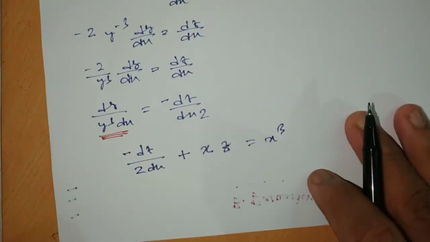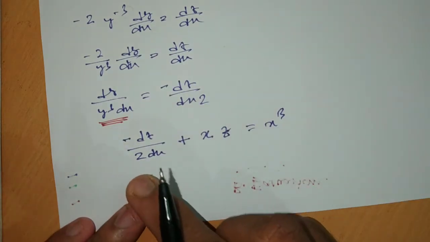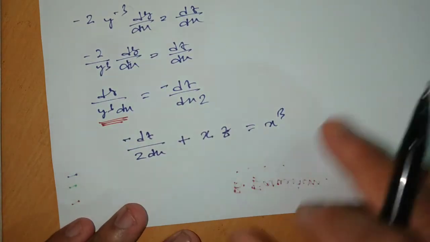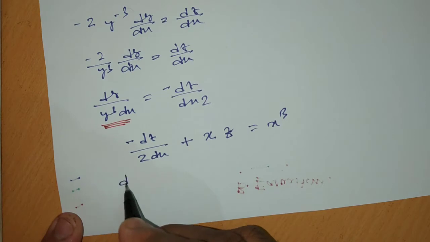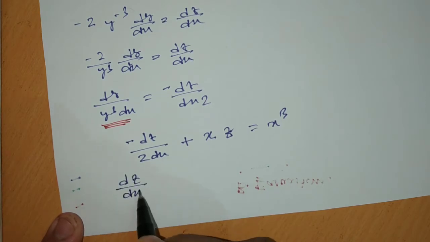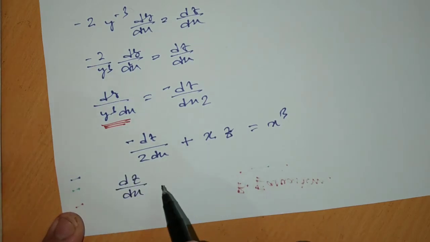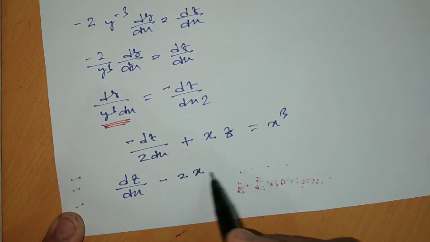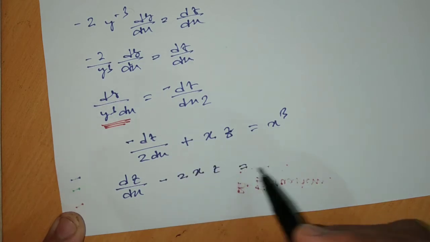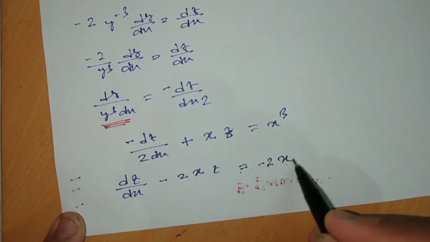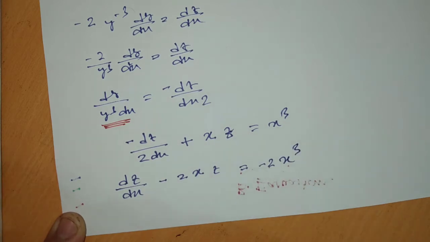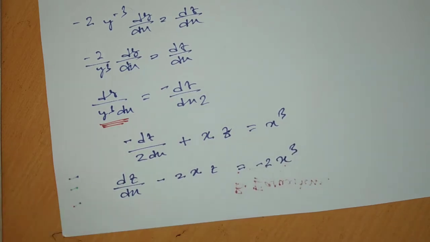Now if you multiply by minus 2 on both the sides, we get dz upon dx minus 2x z equals minus 2 x cube.